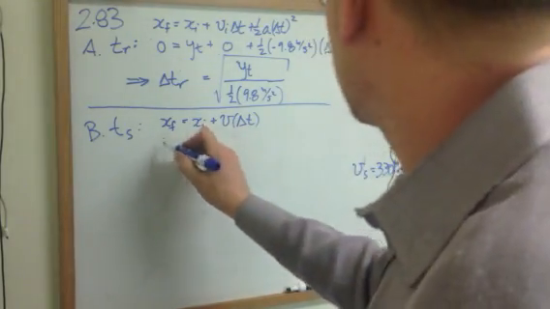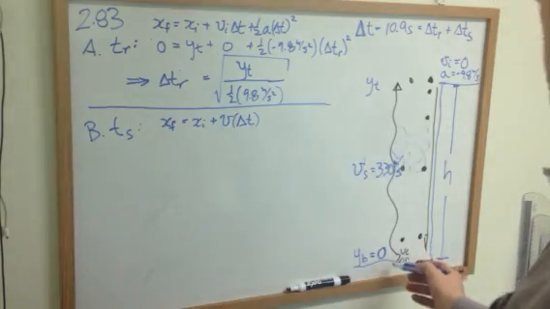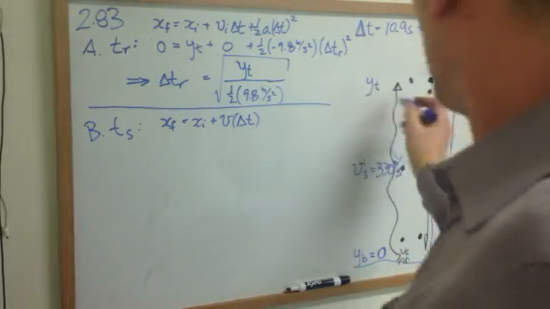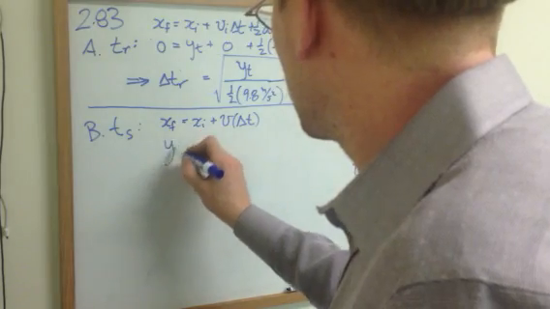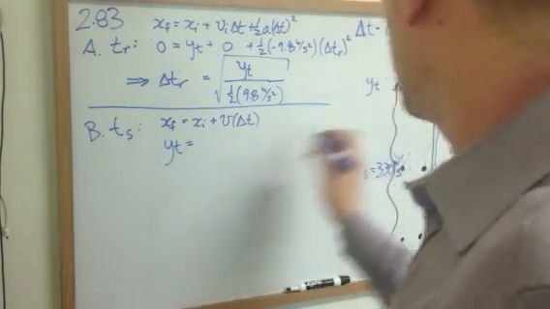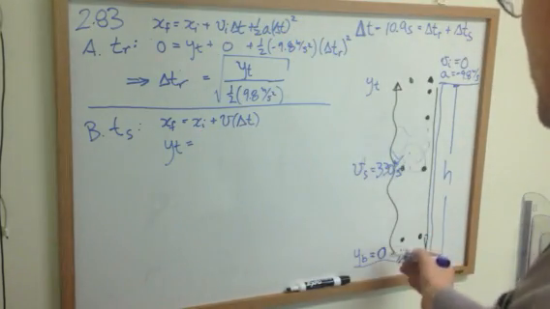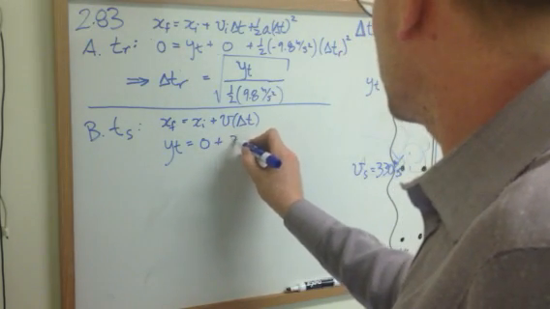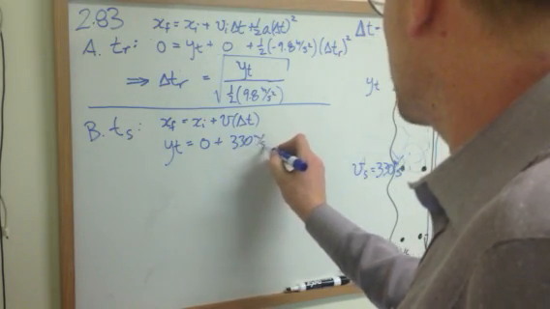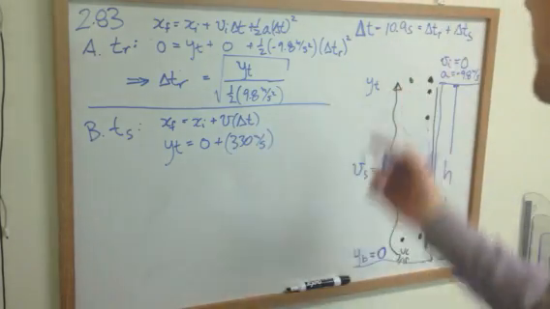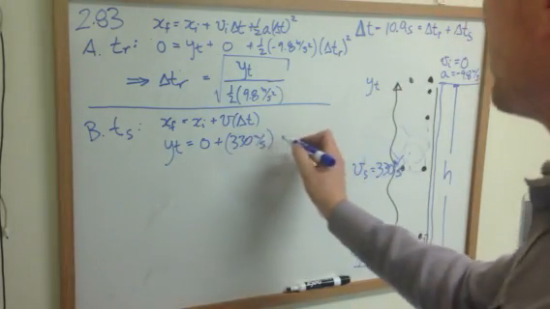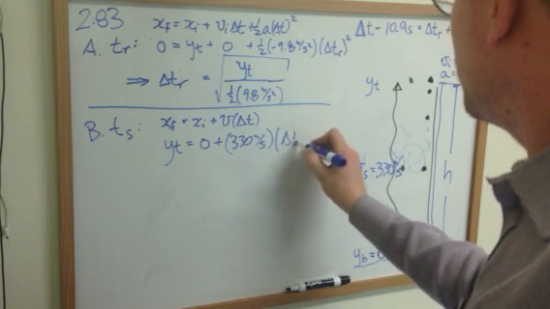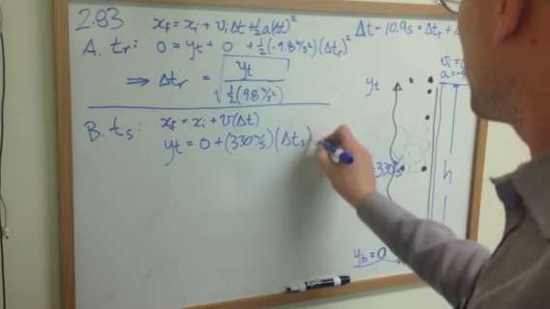Translated into our case, final position on the way up is y top. Initial position for the sound is at 0. The velocity of sound is 330 meters per second. It's upward, so it's positive. Delta t is delta t sound.